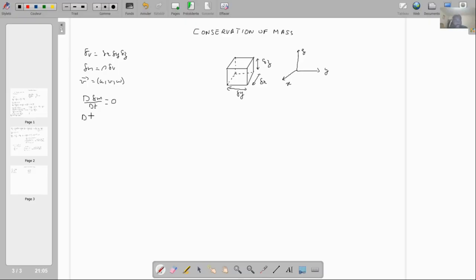So d delta m over dt is also d(rho delta v) over dt, which, by using the product rule, we get delta v times d rho over dt plus rho times d delta v over dt.